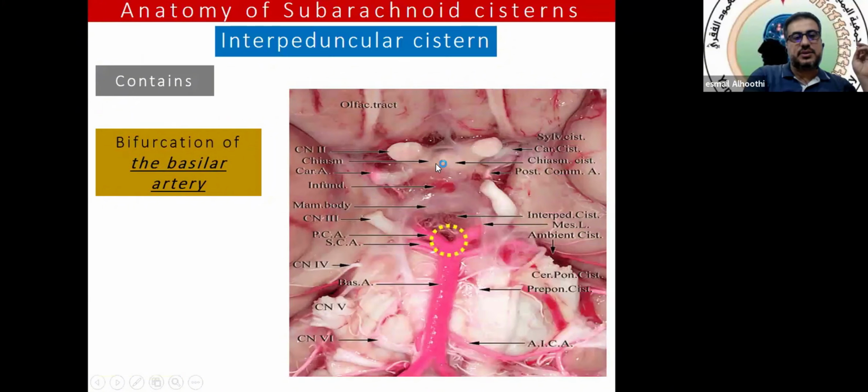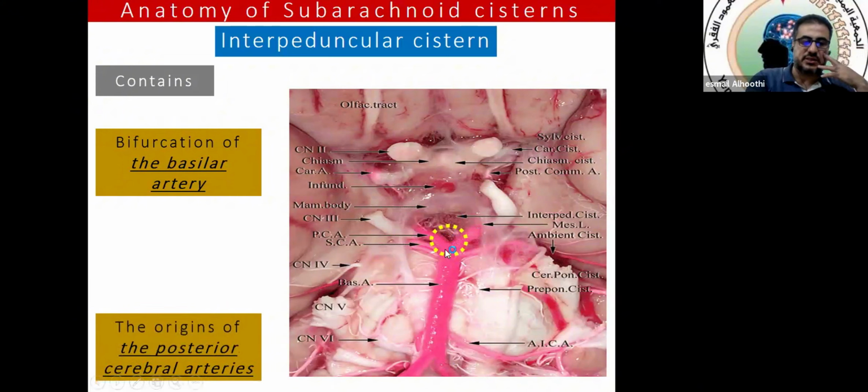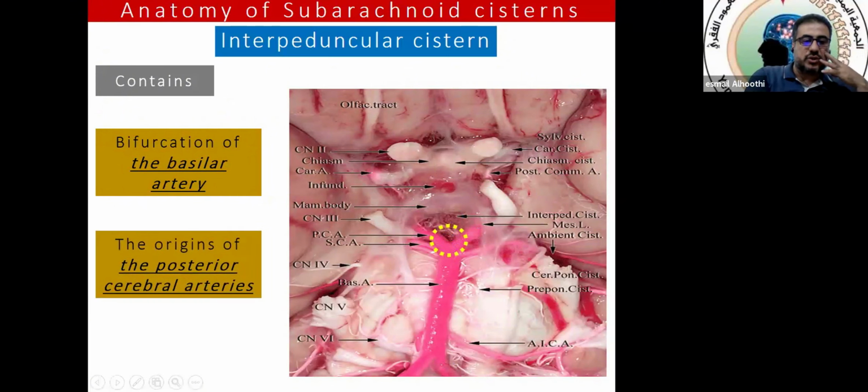The contents of the interpeduncular cistern include the bifurcation of the basilar artery. As we talked about before, it's formed at the junction of the premedullary and prepontine cisterns and bifurcates at the upper border of the interpeduncular cistern after leaving the prepontine cistern. Also, it contains the origin of the posterior cerebral arteries.